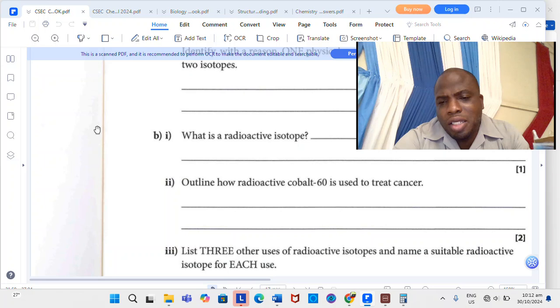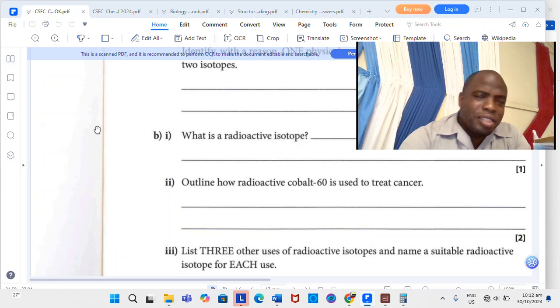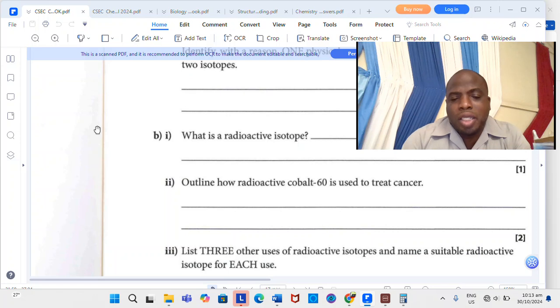So we know cancer is one of the number 1 killers right now, because these cancer-causing cells, the tumors, just replicate themselves, and that's how they cause the harm.